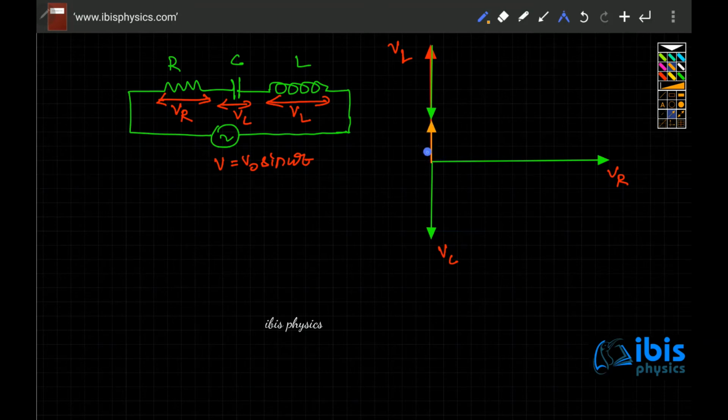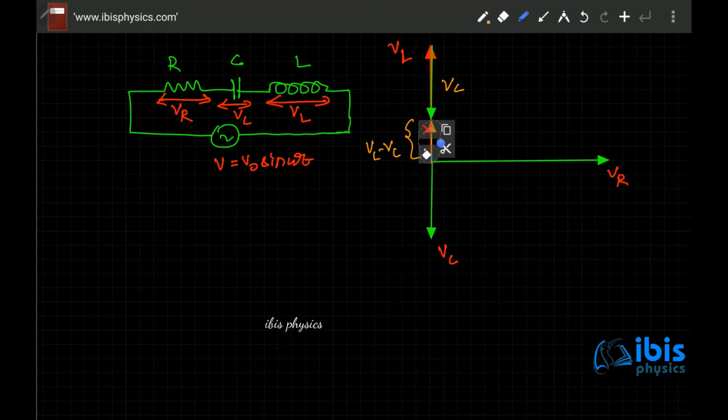So this is actually totally VL. Whatever we brought there, that is VC. Then this is actually VL minus VC. Then the net voltage will be from here to here. What you have to do next is copy this VL minus VC, move this vector and keep it here, and draw a line from this point to this point.